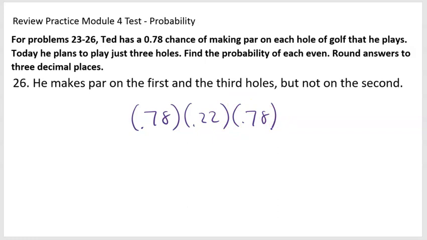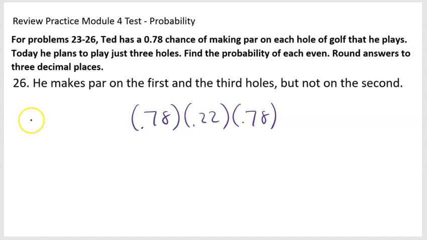Now, I can do that because each hole he golfs is completely independent of the hole before. What he scores on the next hole is not dependent on how he does before. Now, we know psychologically that might not be true, but we're just saying if he has a 0.78 chance every time of making par, then the previous hole does not affect that hole.